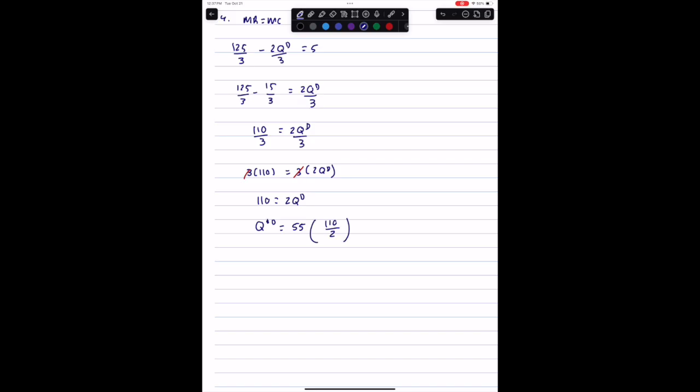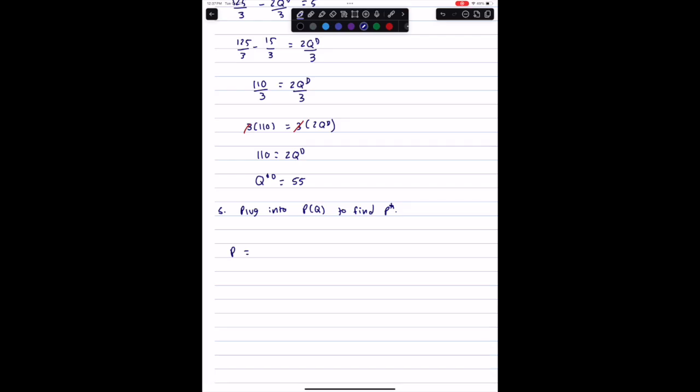Which is just 110 over 2. We divided both sides here by 2. Quantity demanded star is equal to 55.